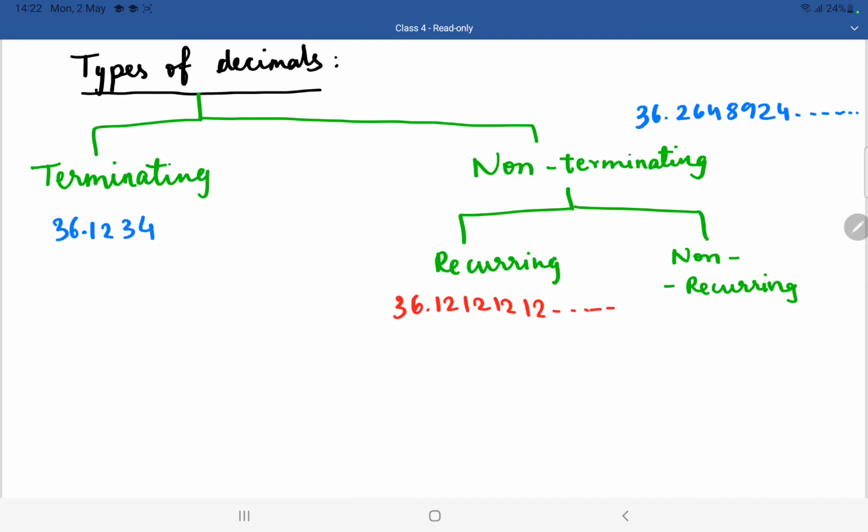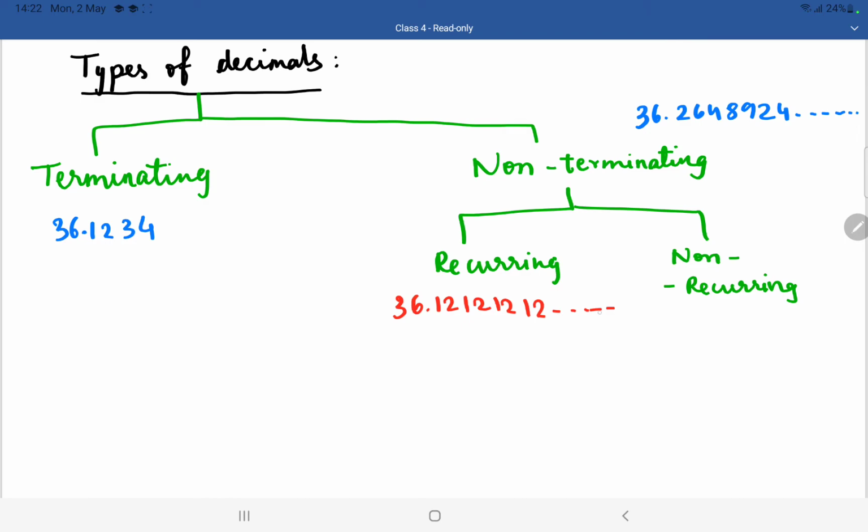The recurring decimals will be continuing till infinity, but what is different is that the same numbers will be repeating. If you see 1 2 1 2 1 2, the same numbers will be repeating again and again.